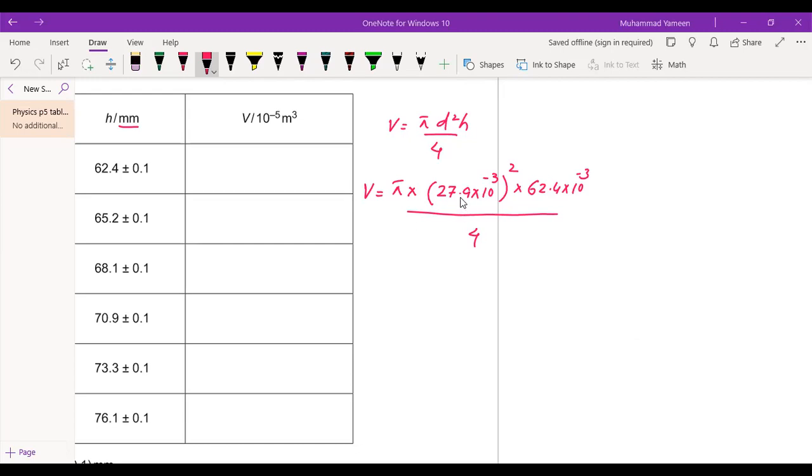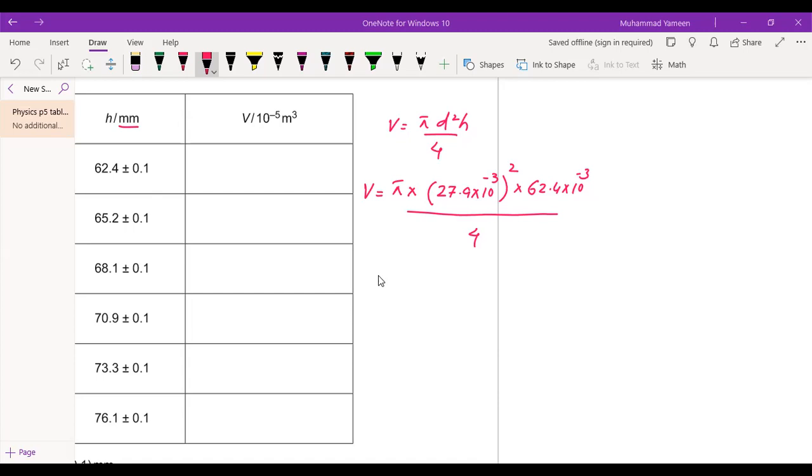Okay, so that is 27.9 times 10 to the power minus 3, and bracket close, whole square, times 62.4 times 10 to the power minus 3.